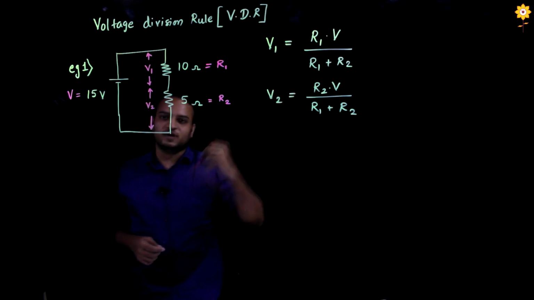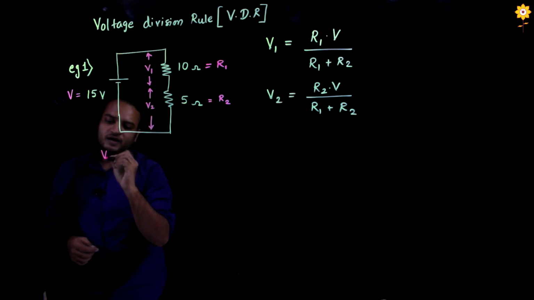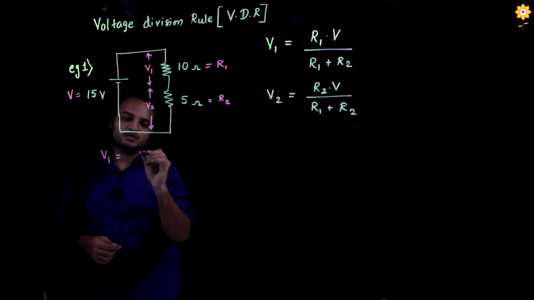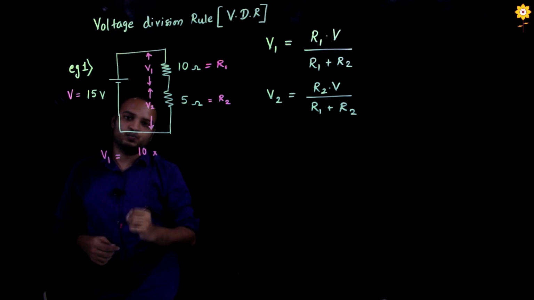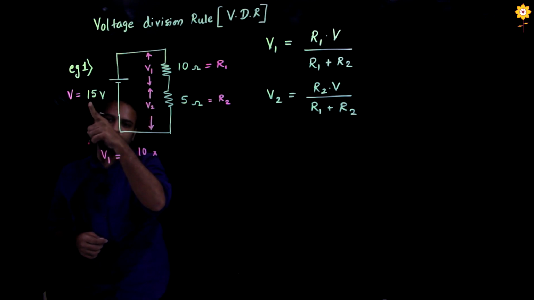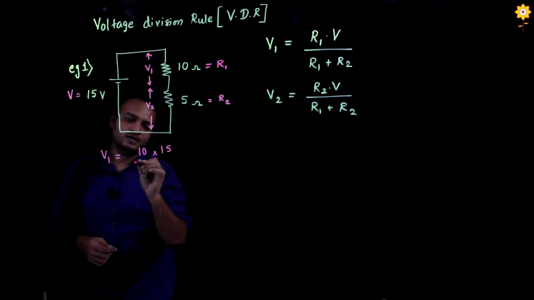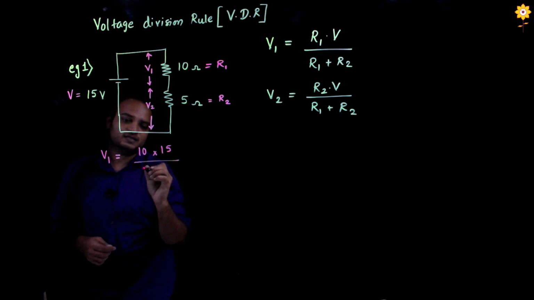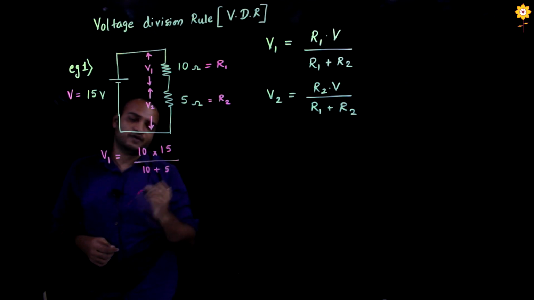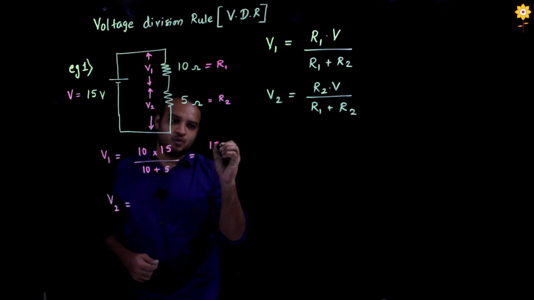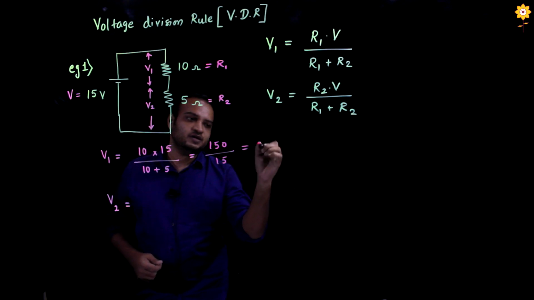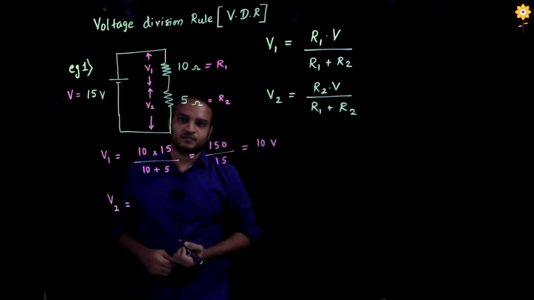So if I apply this formula and I want V1, V1 is the voltage across 10 ohms, so 10 into the total supply voltage, 15, divided by the values of R1 and R2, that is 10 plus 5. So that is 150 divided by 15, so that will be 10 volts.